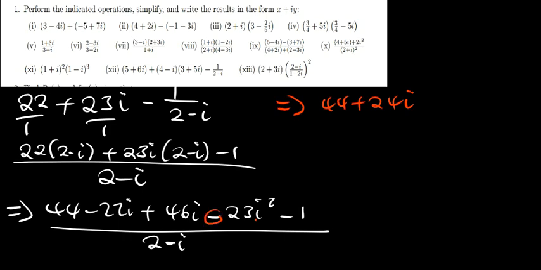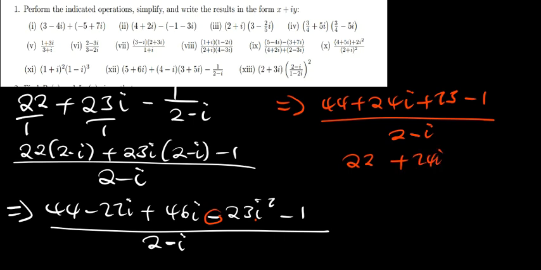Now it is i squared, so it's going to be plus 23, then minus 1. I divide this by 2 minus i, like that. So I'll have 23 minus 1 is 22, so 44 minus 22 is 22 again. So I'll have 22 plus 24i divided by 2 minus i.